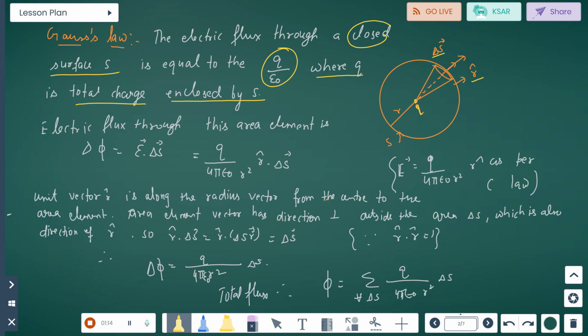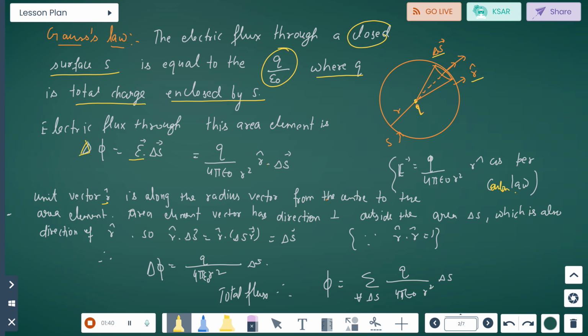Electric flux through this area element is delta phi equals E dot delta s, putting the value of E, q by 4 pi epsilon naught r square r dot delta s, where E equals q by 4 pi epsilon naught r square r vector as per Coulomb's law, where unit vector r is along the radius vector from the center to the area element.